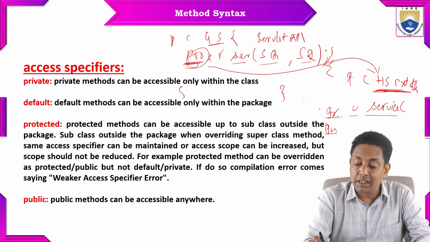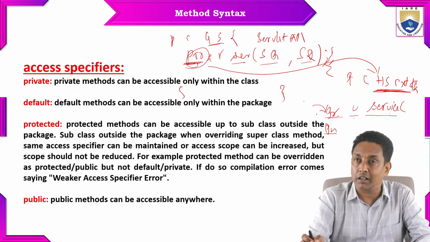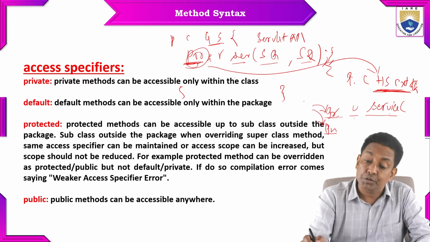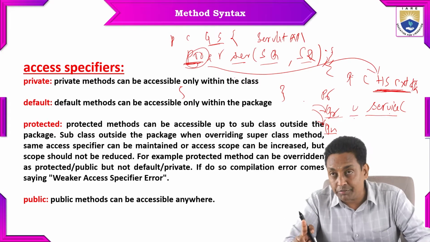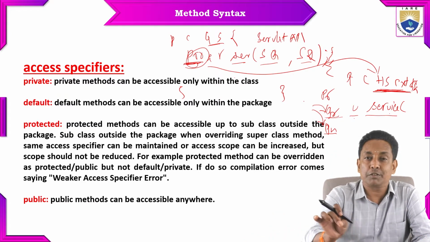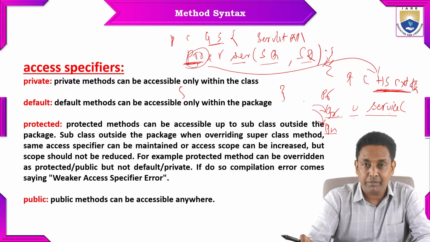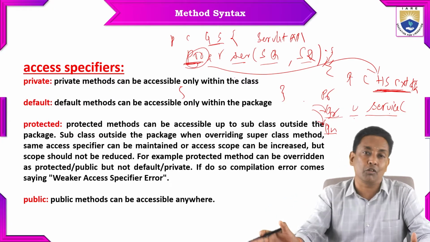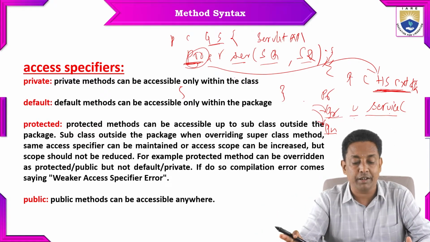The same scope can be maintained while overriding, or the scope can be increased, but the scope should not be reduced to default or private. That is one very, very important rule you have to follow. While overriding or implementing a superclass method in a subclass, use the same access specifier or increase the access scope, but don't try to reduce it. That is very, very important.